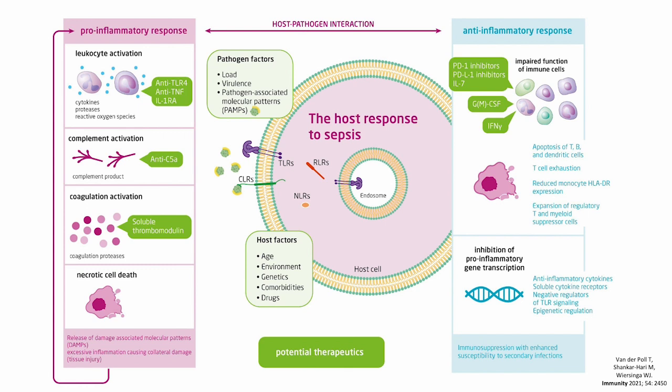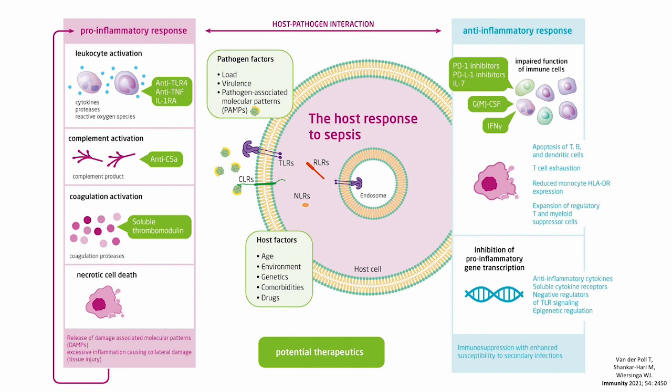Let's look at the pro-inflammatory responses first. On the left-hand side, characterized by leukocyte activation with release of all kinds of pro-inflammatory mediators, complement activation, coagulation activation, and eventually resulting in necrotic cell death, which is then associated with the release of so-called alarmins or damage-associated molecular patterns, which can then trigger the same receptors that are also triggered by pathogens.